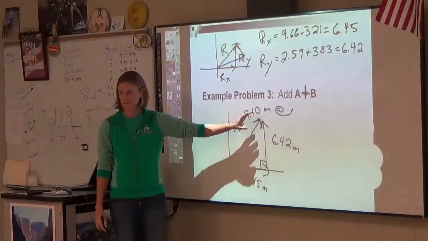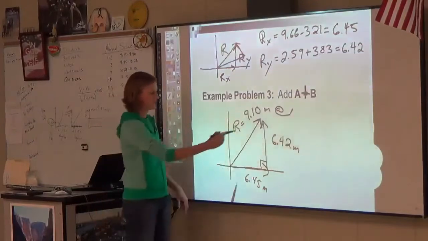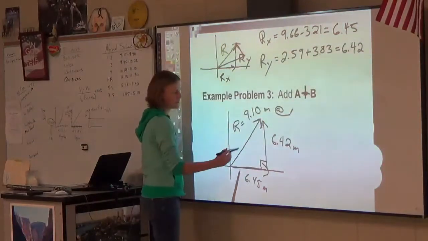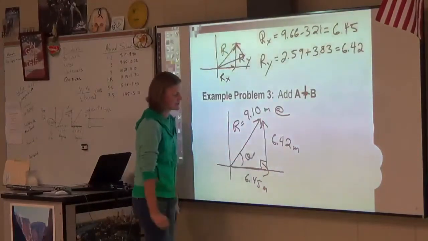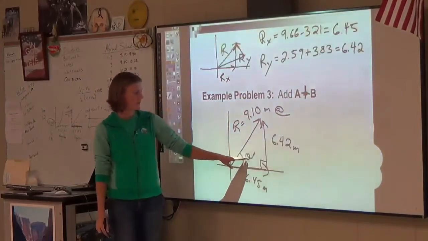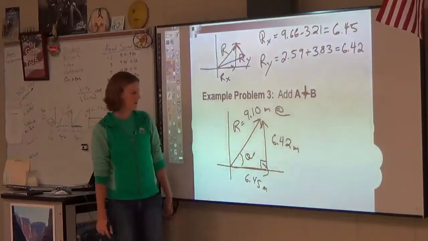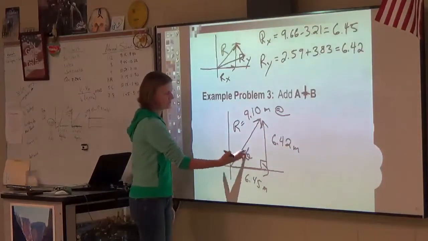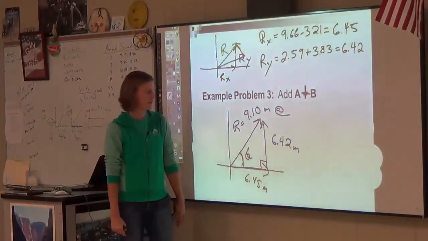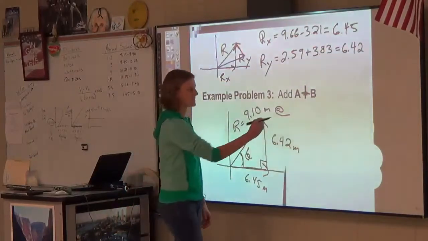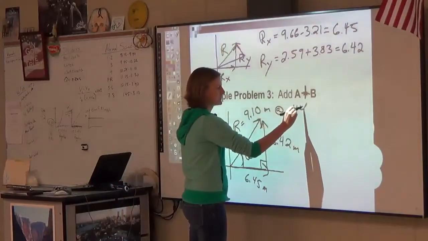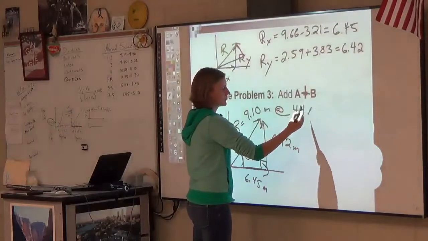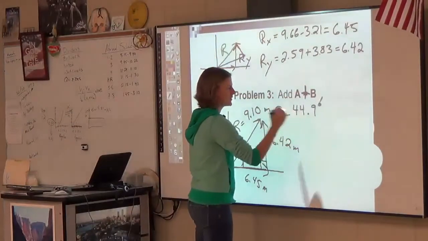So don't stop, you're still not done. You've got the magnitude, you know the hypotenuse now is 9.1, but I need to tell somebody else how to be able to draw this vector. Good, this is where you want to do your inverse tan. You want to find that angle, and it would be 44.9 degrees.